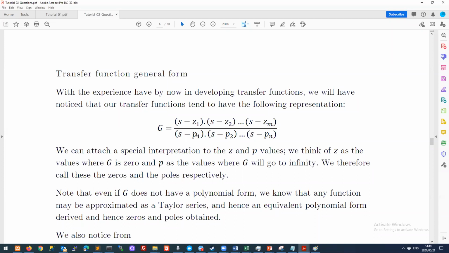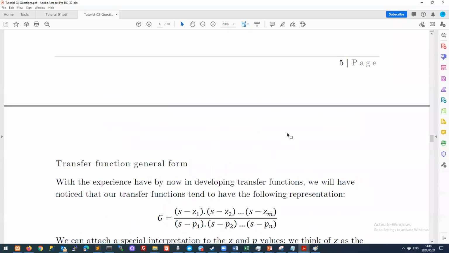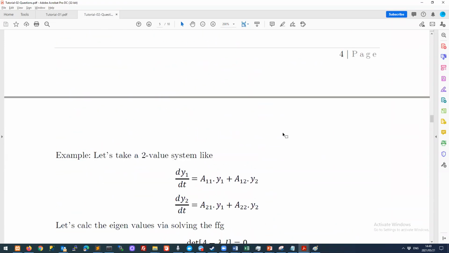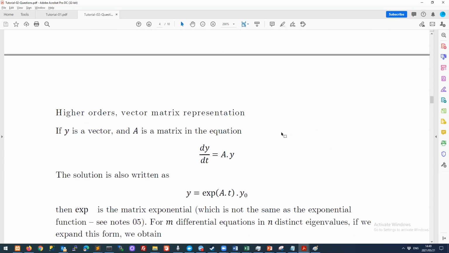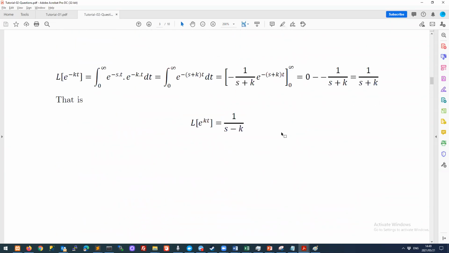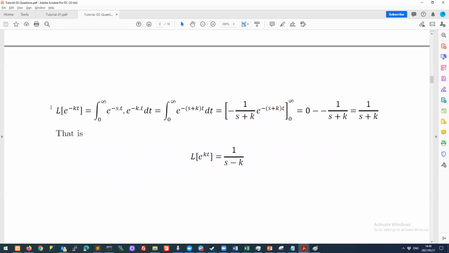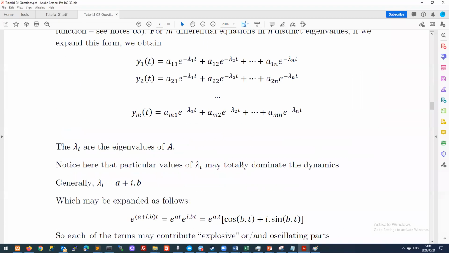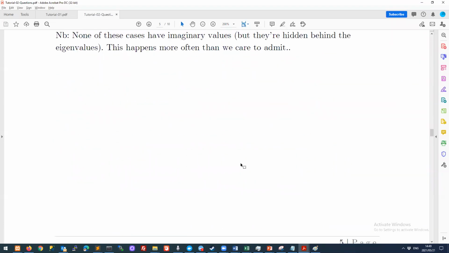And we have just said that the poles of the system determine the time constants. We haven't proved that rigorously as yet. It's something we just noticed from a single exponential. We said if we Laplace transform an exponential, then we get 1 over s minus k. So if you have s minus k terms, it looks like we can easily get the time constant. So we've got these time constants.